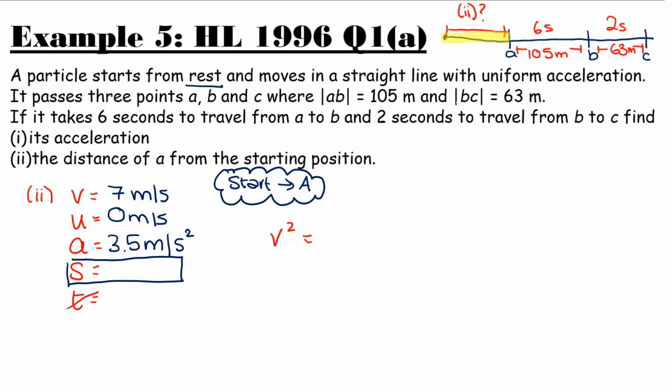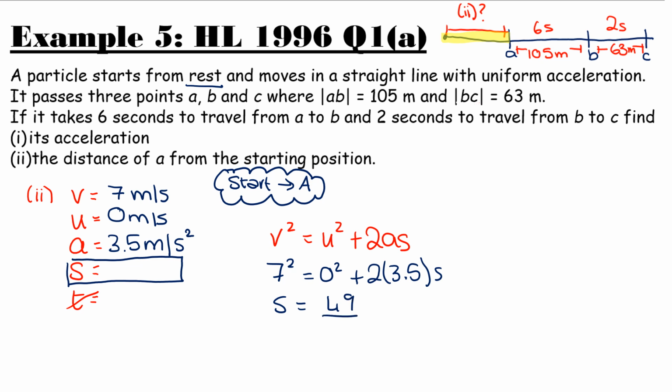So that's going to be v squared is equal to u squared plus 2as. That gives us 7 squared equals 0 squared plus 2 times 3.5 s. So that gives us s equals 49 divided by 7, which gives us 7 meters.